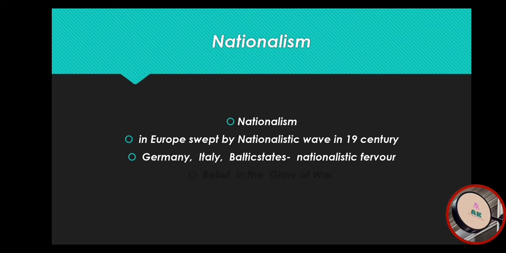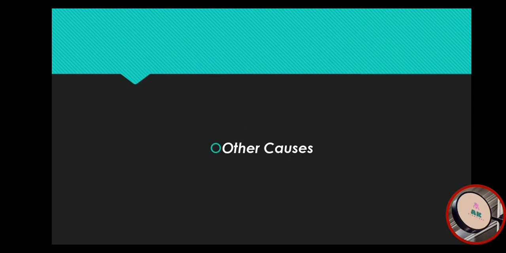Germany, Italy and the Baltic states had nationalistic fervor, and they believed in the glory of war. They believed that if war doesn't happen, you can't say you are from a particular country. War is important. Without fighting you can't be in that position. So war became glorified.